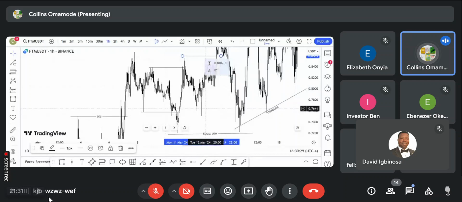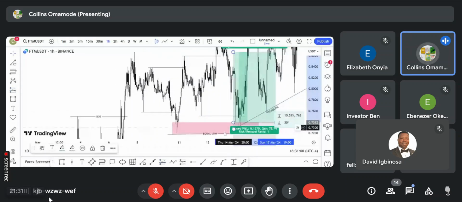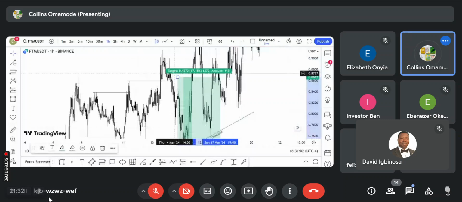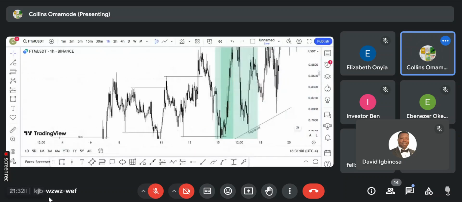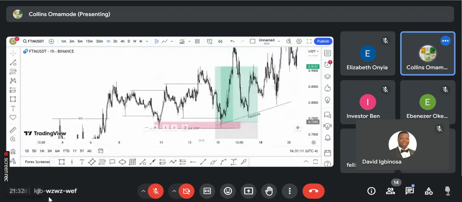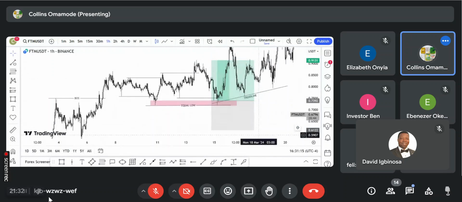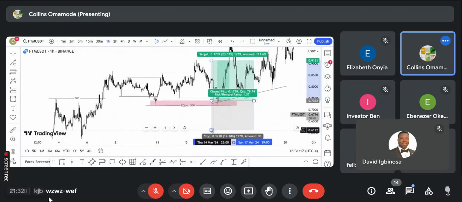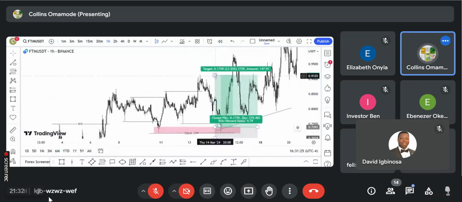This POI is a rejection block, you will know later. And that's how I would have gotten this entry. And where will I be targeting? The high of that structural liquidity. That's how I would have gotten this entry.